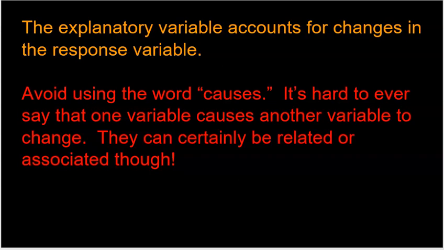There's a lot of other things that go into how tall you are besides just drinking milk, right? So that's why we don't like to use the word cause. We use vague things like explains or impacts or accounts for changes. Milk might account for changes in height, but it's not actually causing. So please avoid the word cause.